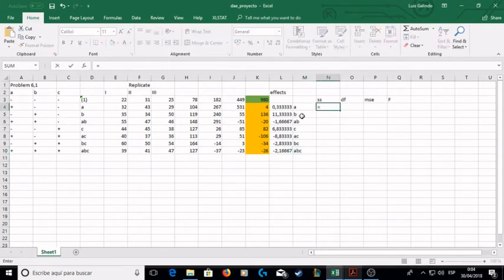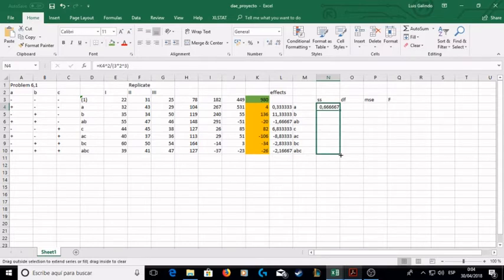The formula for the sum of squares from the contrast is the contrast squared over n, which is 3, times 2 to the k, 2 to the 3.